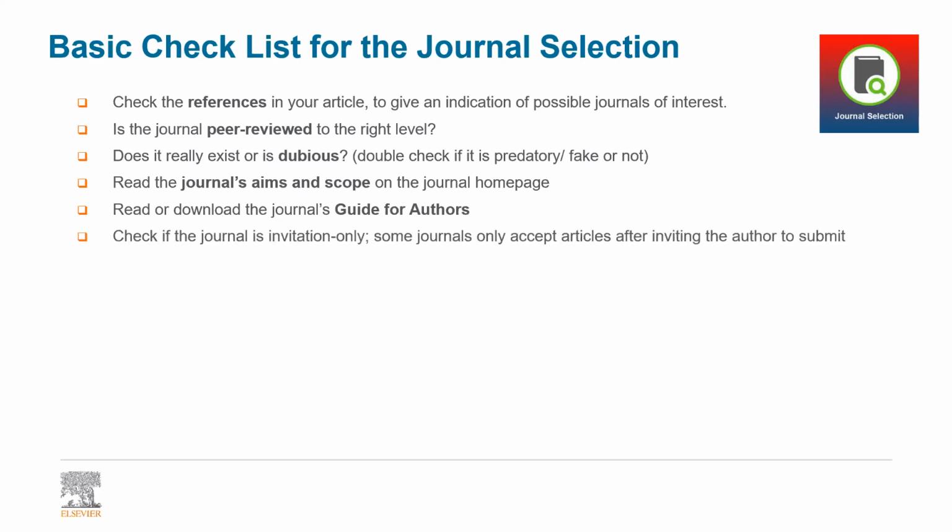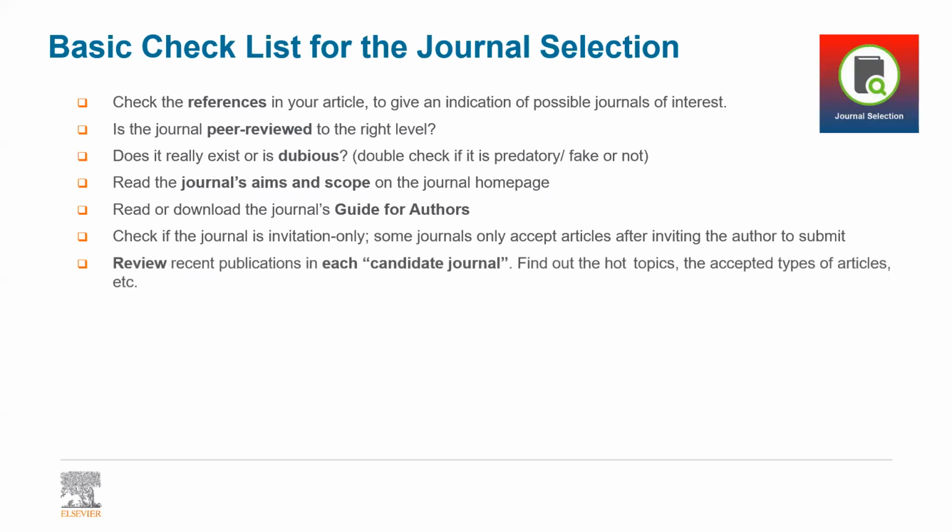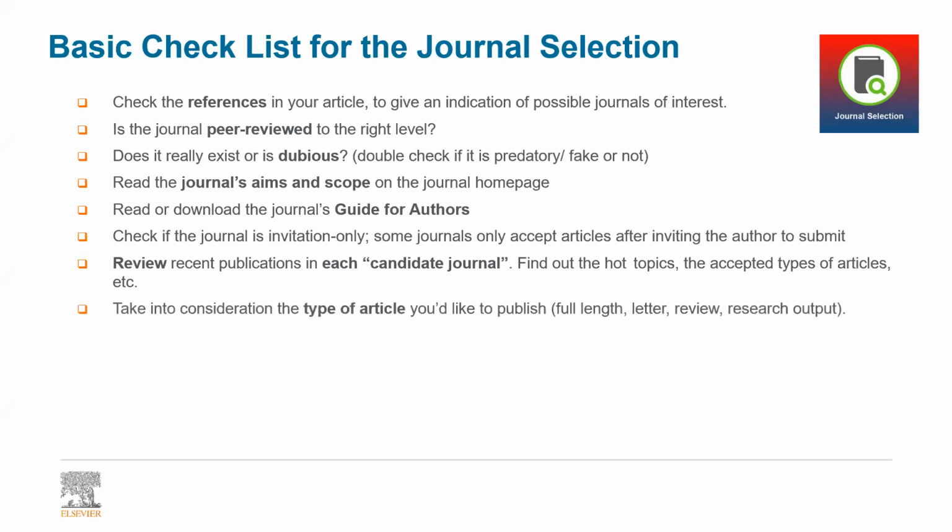I need to check if the journal is invitation only or not, because some of the journals only accept articles after inviting the author to submit. After selecting the candidate journal, or the appropriate one, I need to review the recent publications. I have to take a look at the recent publications, the hot topics and the accepted types of articles. They are like samples that I can use as a guide to write my manuscript.